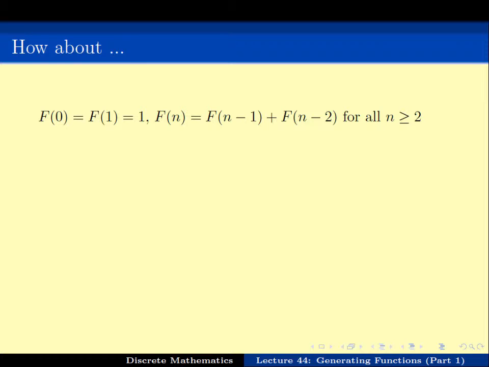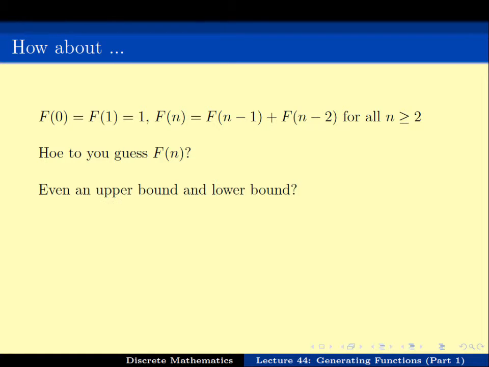For example, this one, the Fibonacci numbers. f0 equals f1 equals 1 and fn equals fn minus 1 plus fn minus 2. Now, how do you guess the fn? How do you even come up with an upper bound or lower bound?